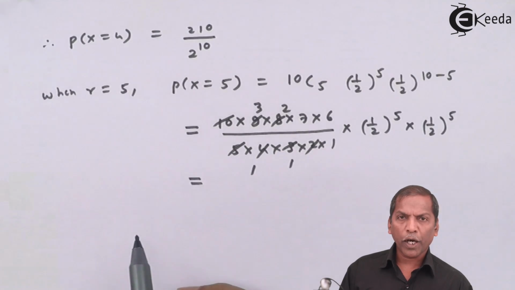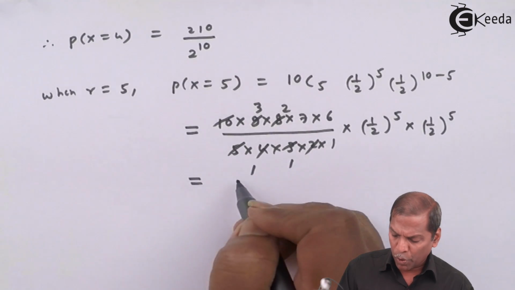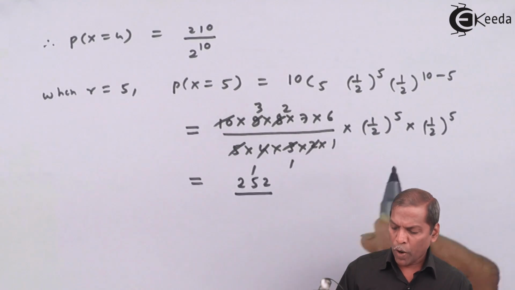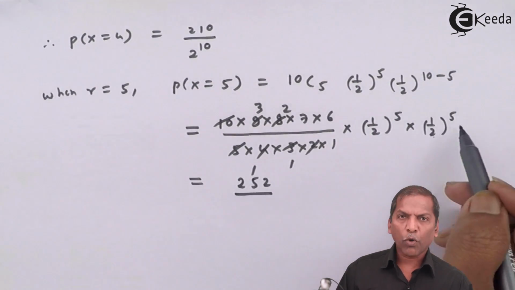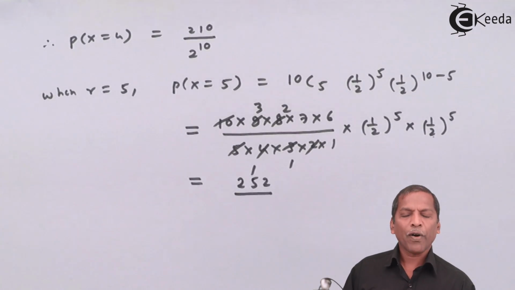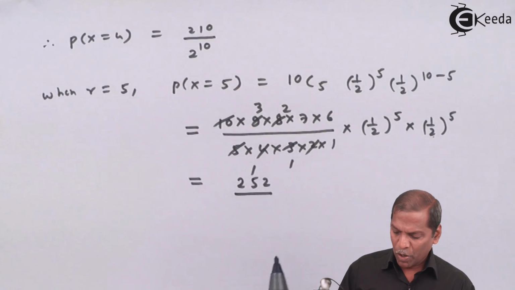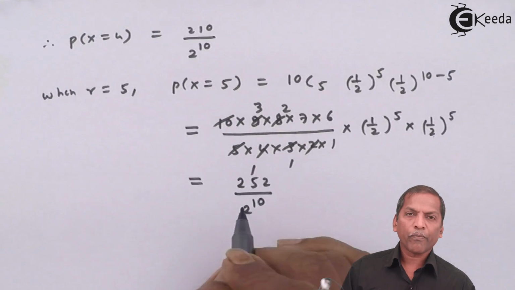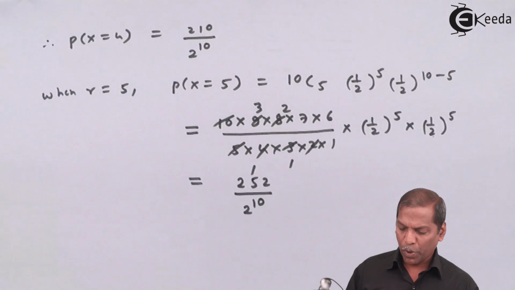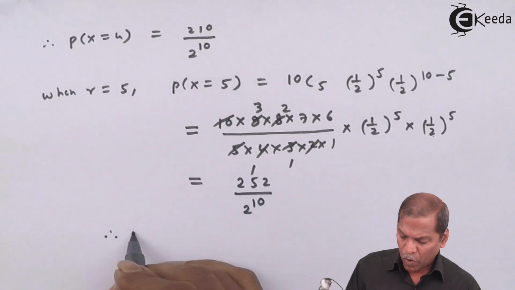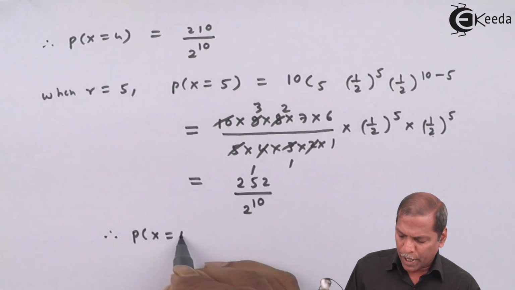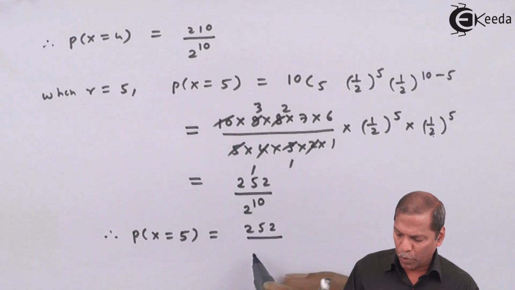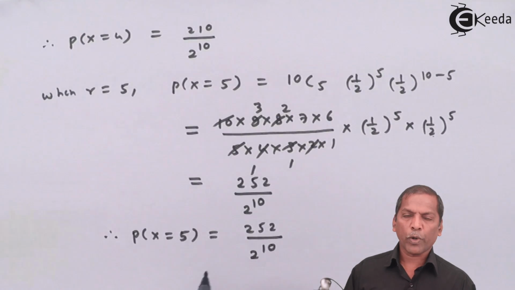And 84 into 3 gives 252 upon, now 1 by 2 raised 5 into 1 by 2 raised 5, so in total we get 1 by 2 raised 10. So we write 2 raised 10 in the denominator. So in this way we get probability x equal to 5 is equal to 252 upon 2 raised 10.